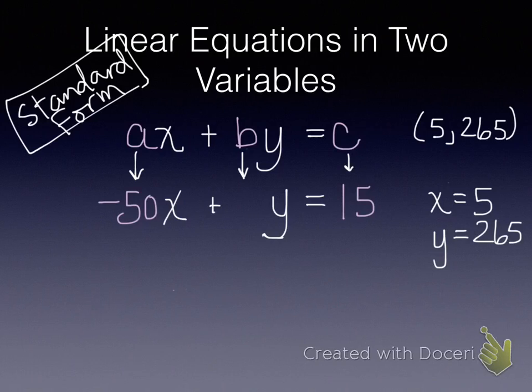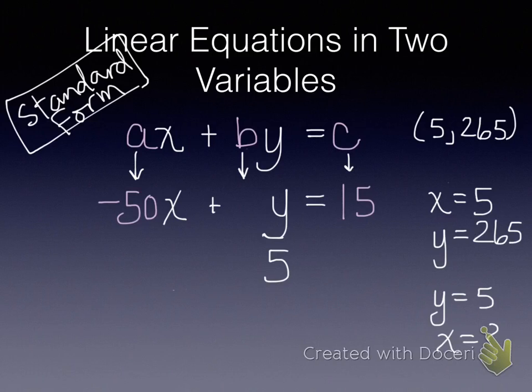But if I can do it for x, I can do it for y. So what if I let y be something? Let's let y be 5. This time I don't know what x is going to end up being.